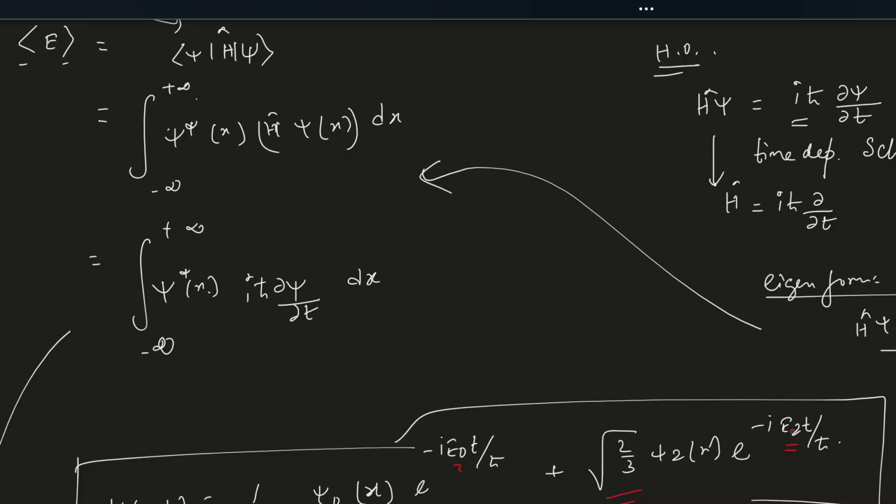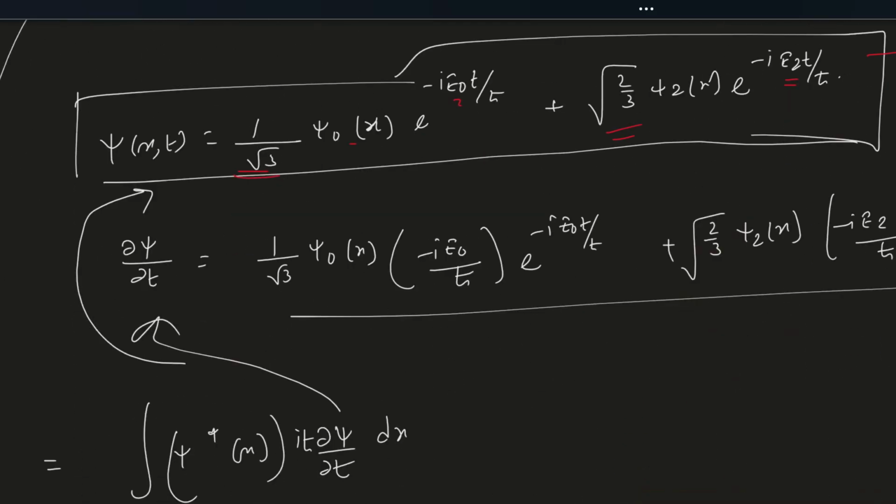To get quickly the answer to the energy expectation value, take each of these coefficients, take the whole squared, like 1/3 squared, and multiply by that particular term's energy eigenvalue. That means E naught, plus the other term's coefficient root over 2 by 3 whole squared into its energy eigenvalue, that is E1. So basically what you get is 1/3 E naught plus 2/3 E1.